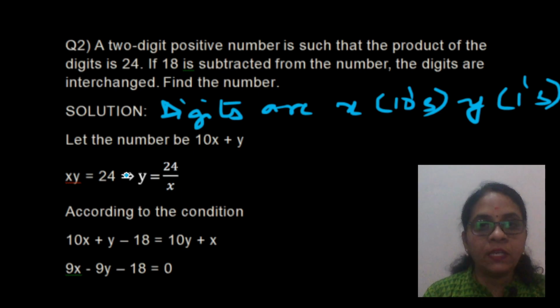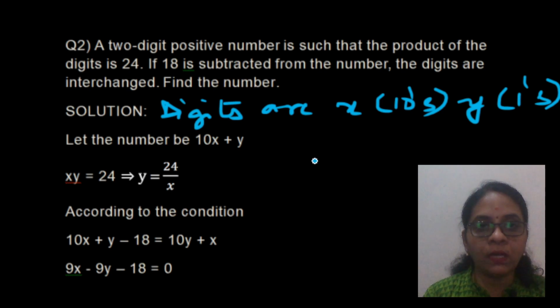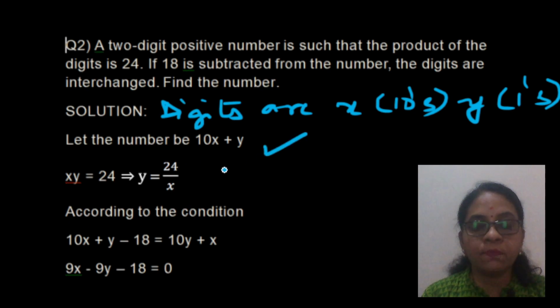Now, the product of the digits, what are the digits? x and y. The product of the digits is 24. So we make it a single variable, children, because we know a quadratic equation is a degree 2 equation in one variable. We have to reduce it to an equation in one variable. Now we have to follow the condition given. If 18 is subtracted from the number 10x plus y, they say that the digits are interchanged.